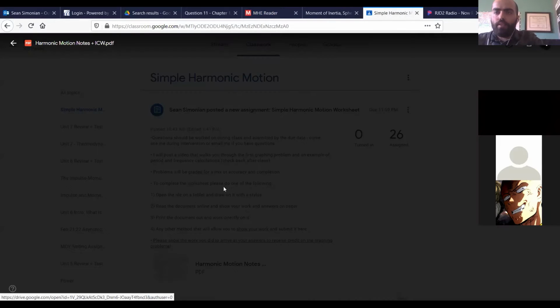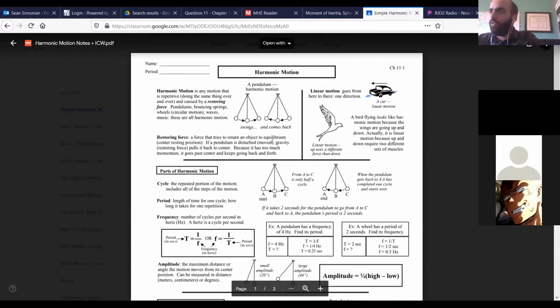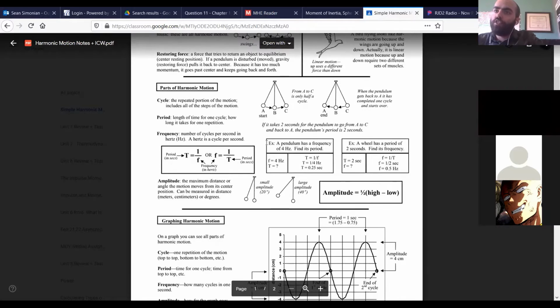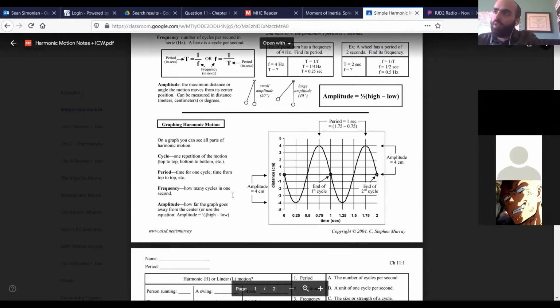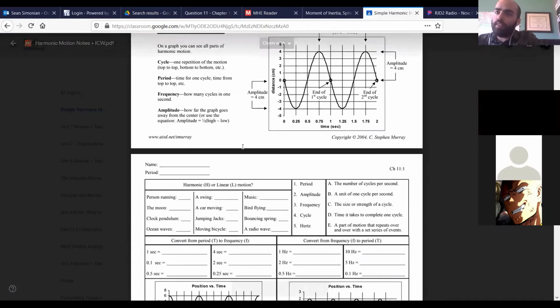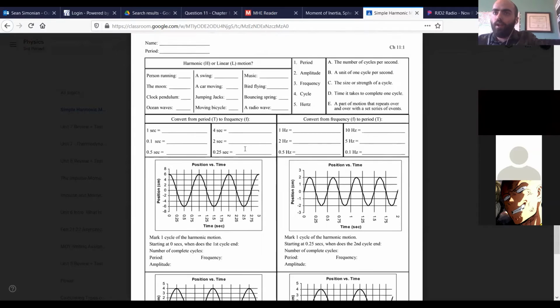If you go in here, the front page of the worksheet includes all of the important information that we've talked about in terms of our definitions, our calculations, some examples, and it also talks about the graphing. And then on the second page, there are some questions for you to answer.